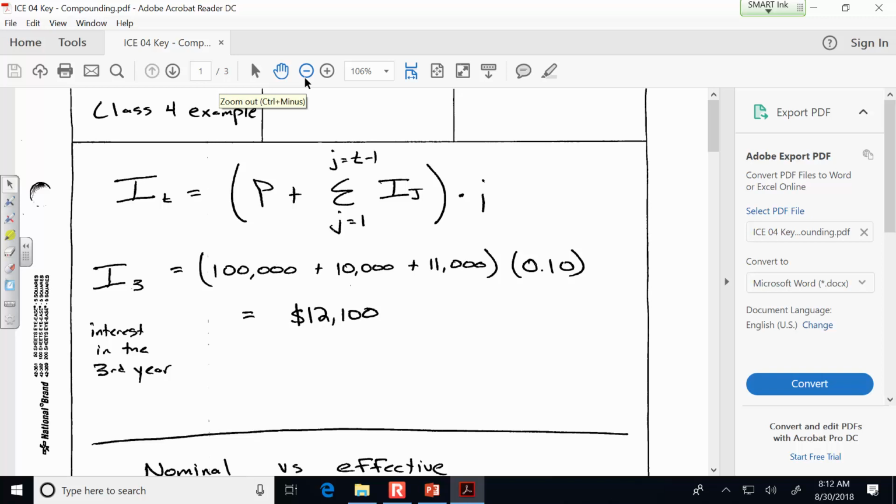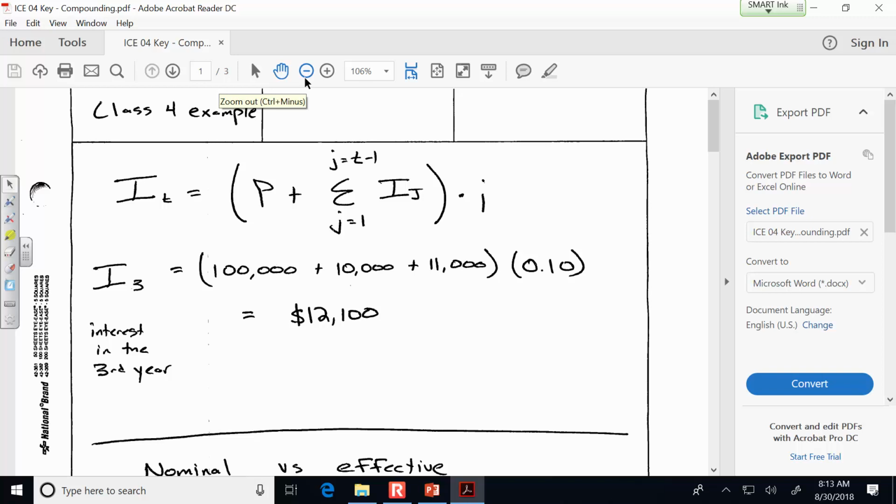In our example, the principal amount is $100,000. The annual interest rate is 0.10. Let's find out what the interest is in the third year. So I sub t is I sub 3. In other words, we just want to find the interest amount in the third year. This won't be the total amount that's due.